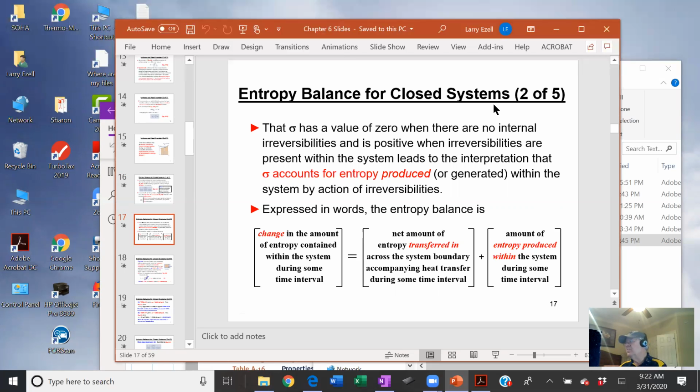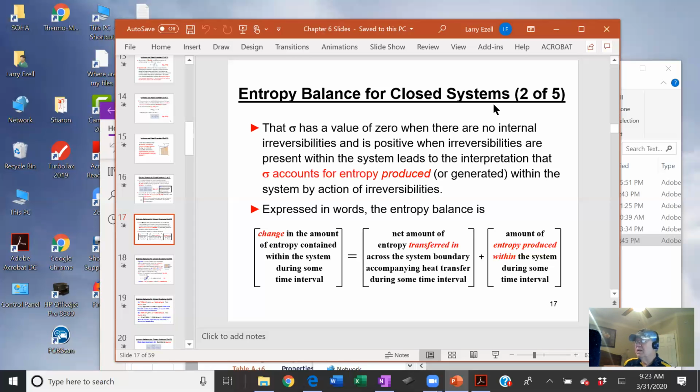Entropy is created and produced by irreversibilities. Friction, internal leakage, I²R losses, all these kinds of losses tend to create irreversibilities that actually create entropy. Entropy is like the wind. You can't see it, but you know it's generated.